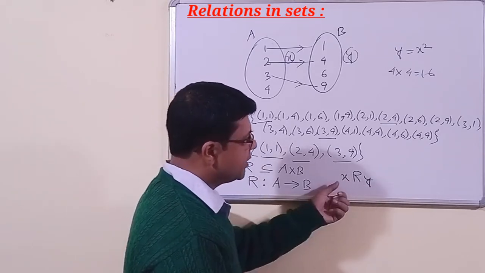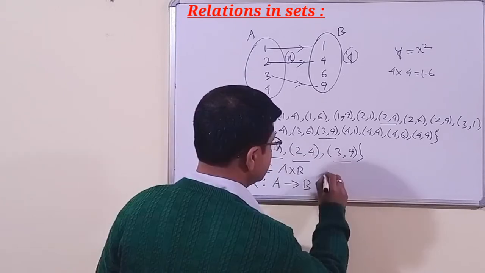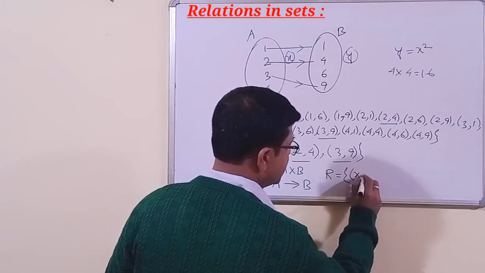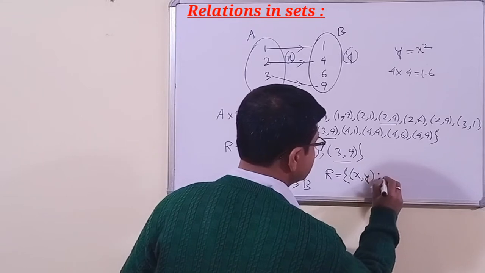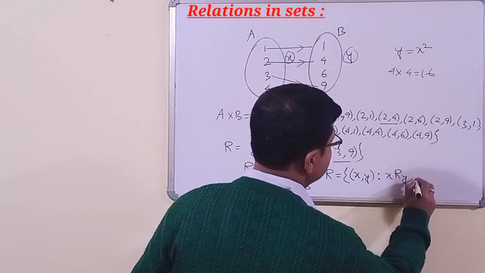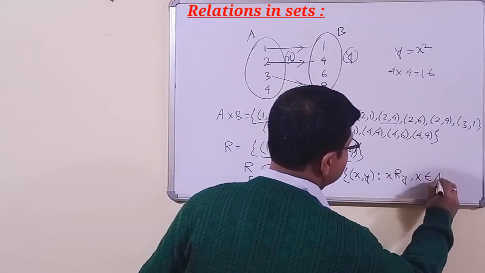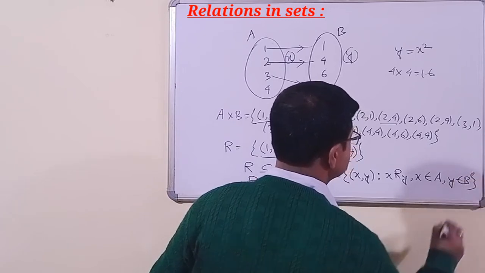Now, in the set builder method, how can we write this? This relation is the set of ordered pairs (X, Y) such that X is related to Y, where X belongs to set A and Y belongs to set B. This is so simple.